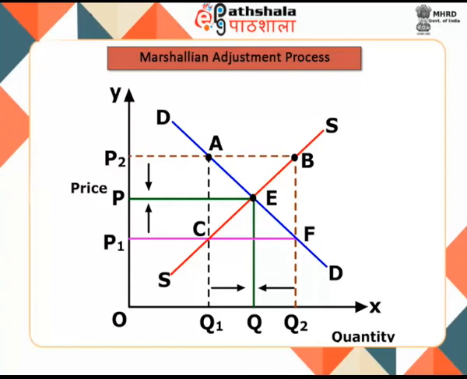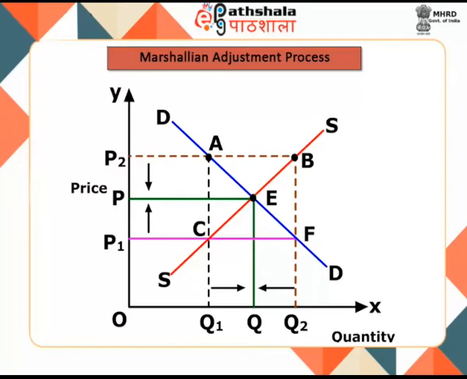On the other hand, when the excess demand price is negative, FQ2 less than BQ2, that is, the demand price is less than supply price, it means that the consumers are willing to pay a lower price than is being charged by the producers.